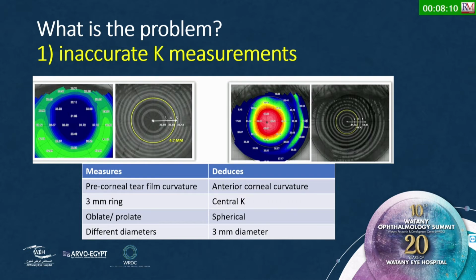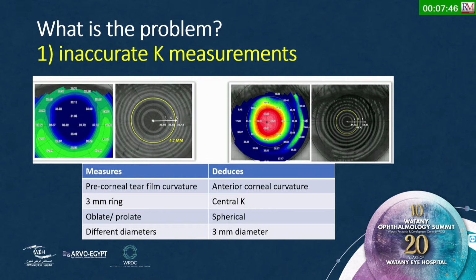Second, we measure the 3 millimeter circle. We assume it will give us an idea about the central part, but it does not. It is just an assumption. Especially in an oblate or prolate cornea like this, it is flatter than the 3 millimeter, and this one is steeper than the 3 millimeter. So we have a false assumption.